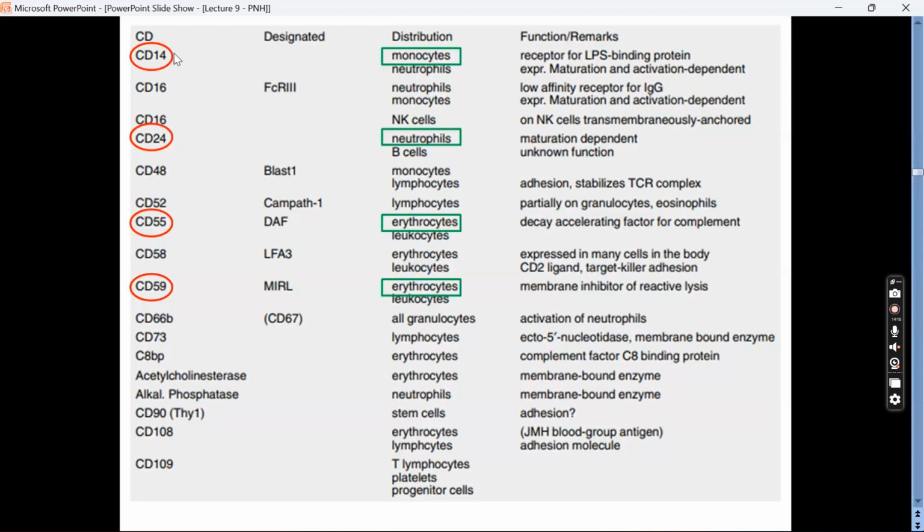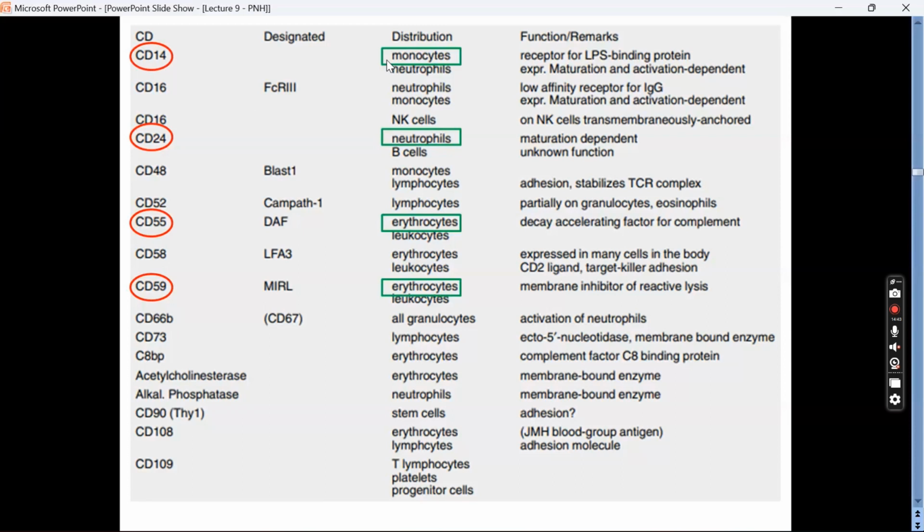So I repeat, for monocytes, we use CD14. Monocytes of a PNH patient may show loss of CD14 or decreased CD14 expression. Similarly, for neutrophils, we use CD24, which is GPI linked. In normal conditions, CD24 is positive in neutrophils.